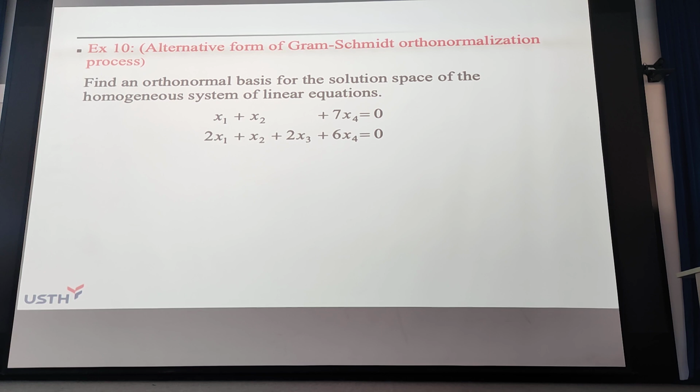We know already how to find the dimension, how to find a basis for the solution space. So now, first you need to find a basis for the solution space, and then you need to apply the Gram-Schmidt process to find an orthonormal basis for that.